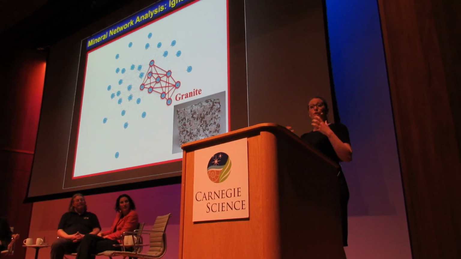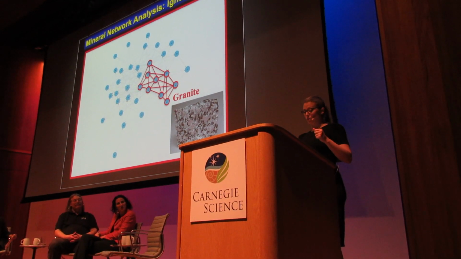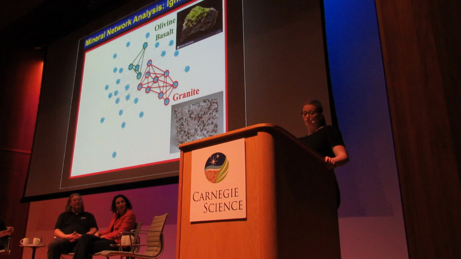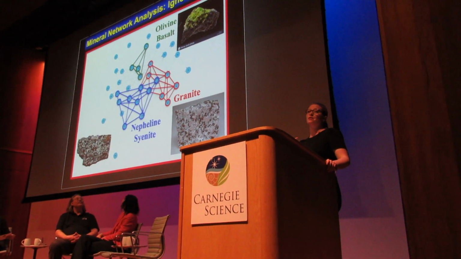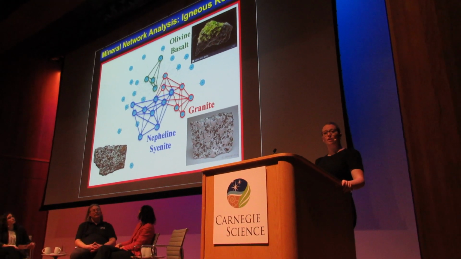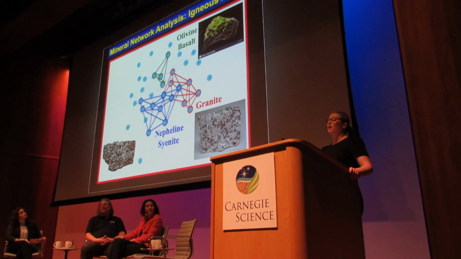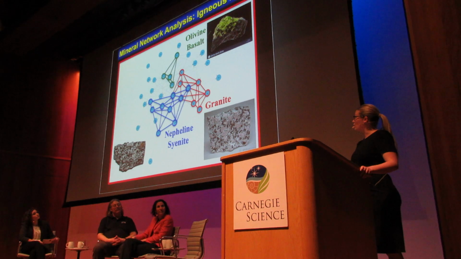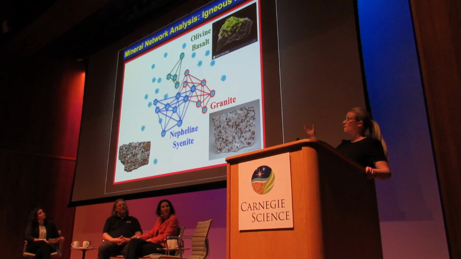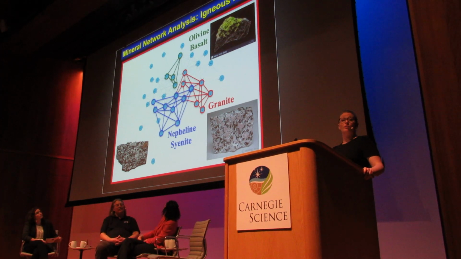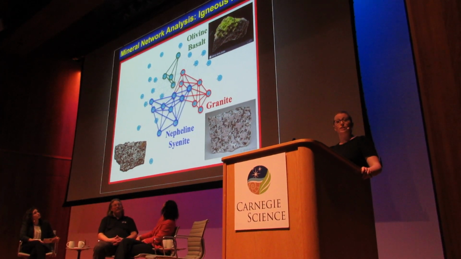It's a group of connected nodes. And we can overlay other types of rocks, like an olivine basalt and a nepheline syenite, and this allows us as researchers to compare the similarities and differences of these rock systems, and to make some scientific inferences. You'll see some rocks share minerals, some of them don't, and that can be really useful information.